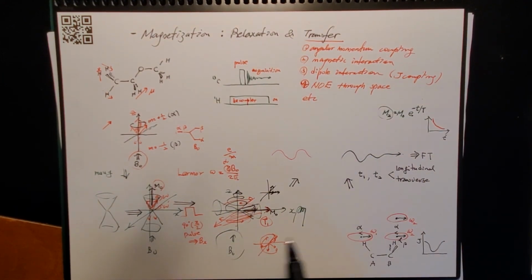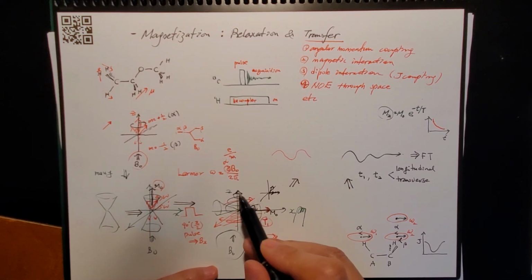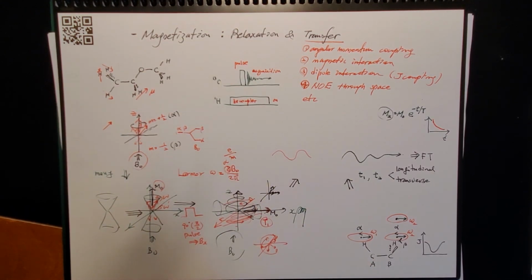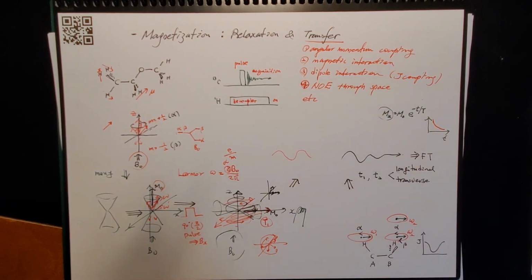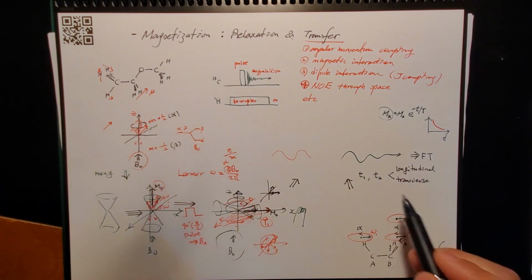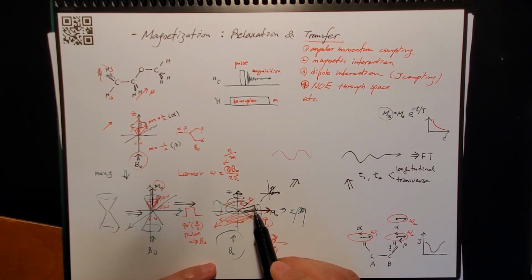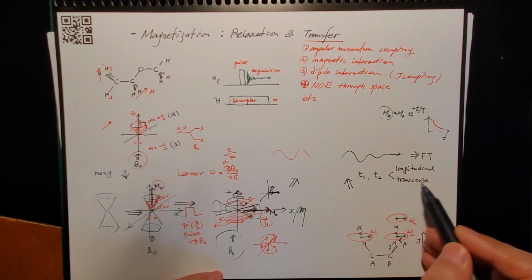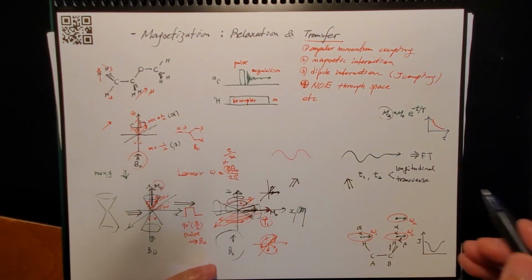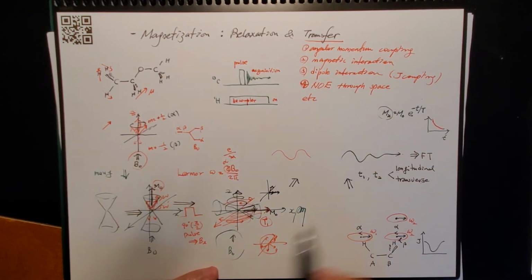The time it takes to go back this vertical way, we call longitudinal period or relaxation. And when it's going around on the XY plane, we call it transverse relaxation time, which is T1, and that would be T2.